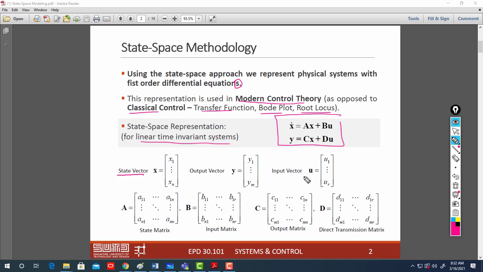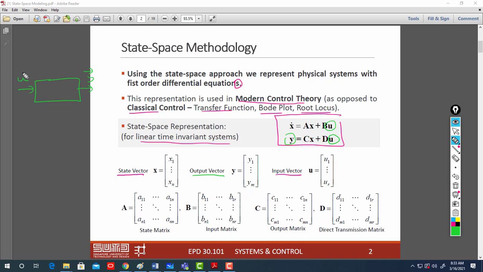However, u is your input vector. u is your input vector. And y is your output vector. So those are your input and output. So in MATLAB, when you put a state space representation, you have u and you have y.